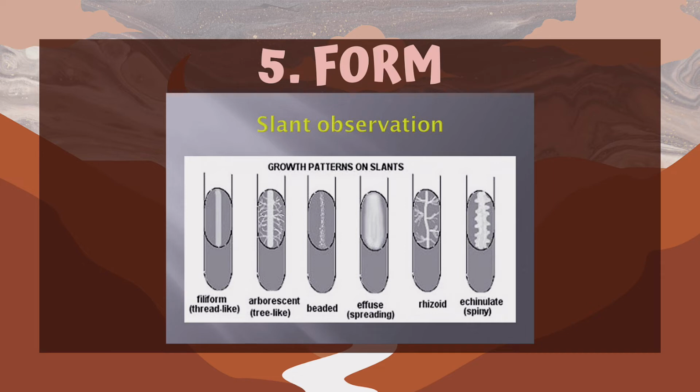Third is the echinulate, toothed or pointed margin, and we can also encounter beaded, the separated or confluent colonies at about the half of inoculation. And lastly, the rhizoid. They are irregular, branch or root-like in appearance, or tree-like growth.